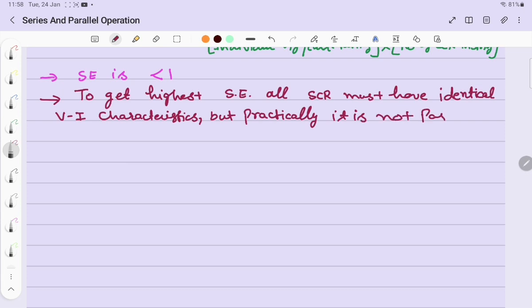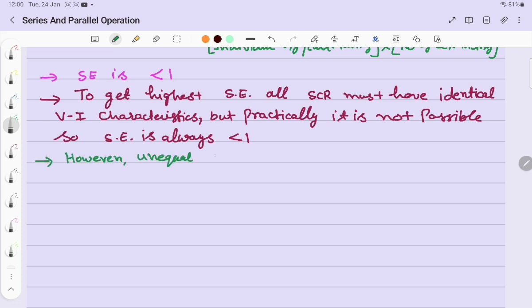We have to ensure a high string efficiency, but it cannot be 100%, cannot be 1, right? So to get the highest string efficiency, all SCR must have identical VI characteristic.